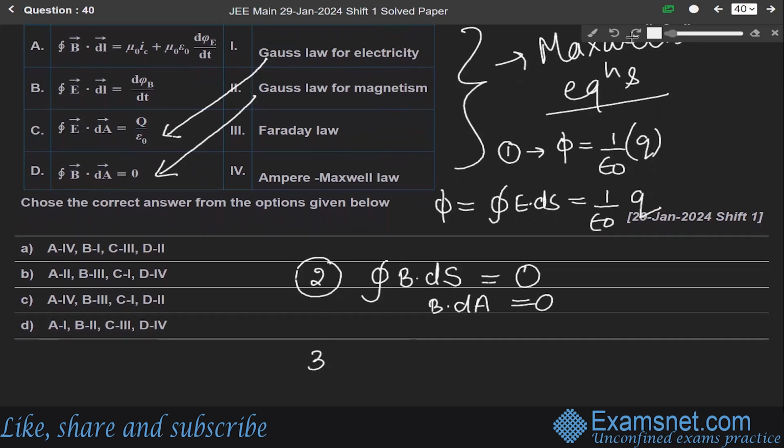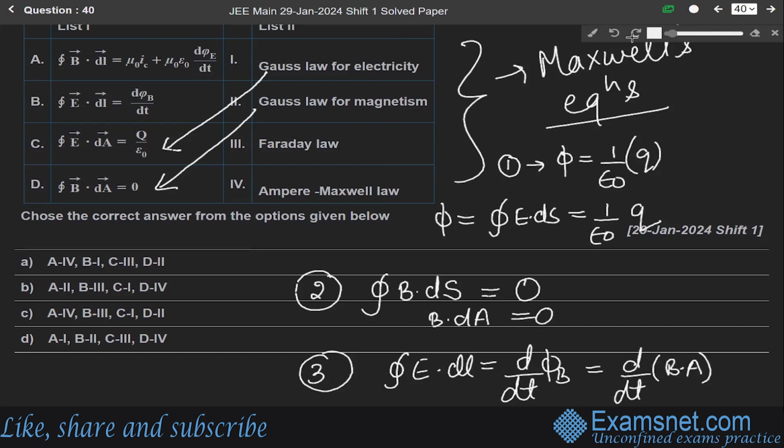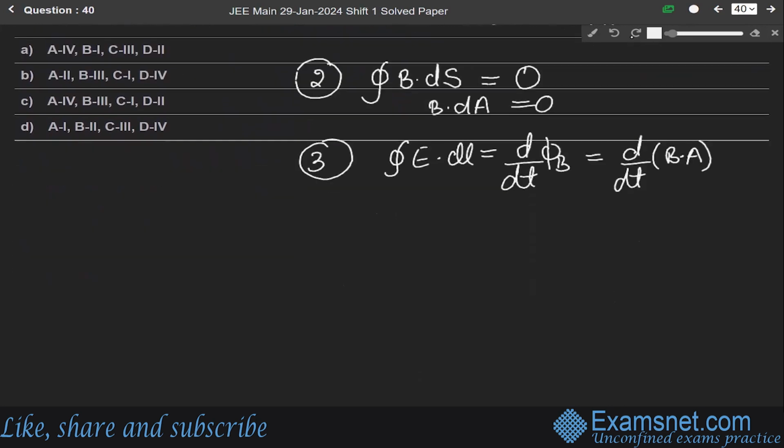And the third Maxwell's equation is Faraday's law. This law says that the line integral of the electric field is equal to del by del T of flux phi B, where phi B is equal to B dot A. So this Faraday's law will match with option B. And the fourth Maxwell equation is the modified Ampere's law.